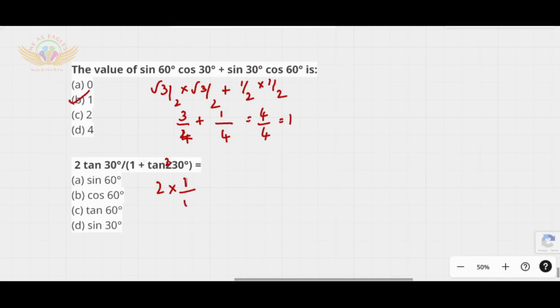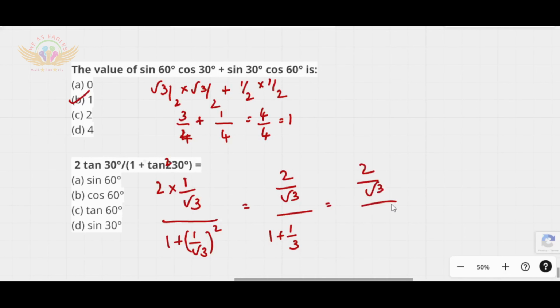So 2 into 1 by root 3, divided by 1 plus 1 by root 3 whole square. That is 2 by root 3 divided by 1 plus 1 by 3, which is 4 by 3.